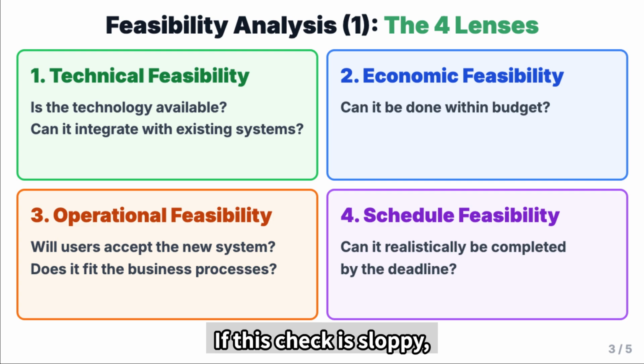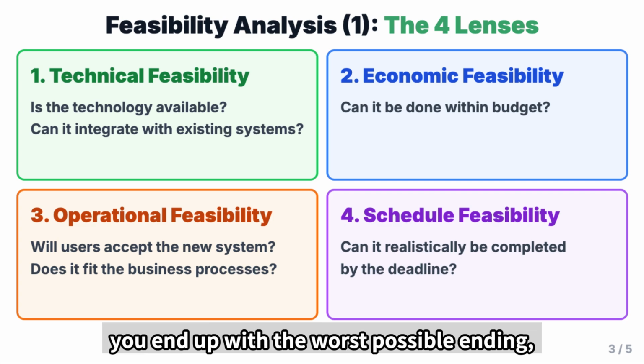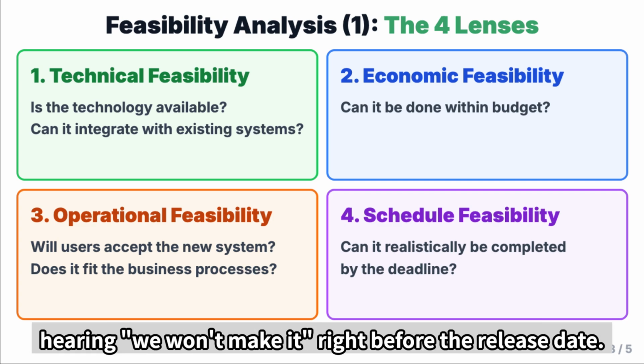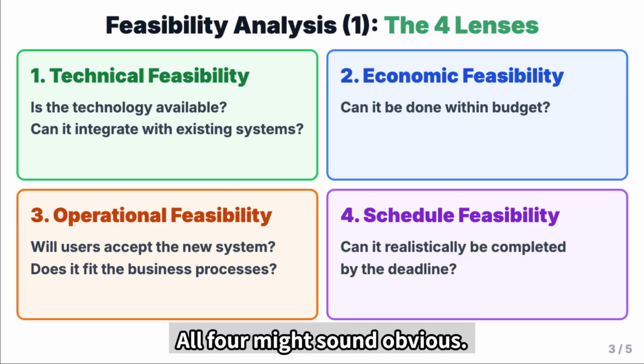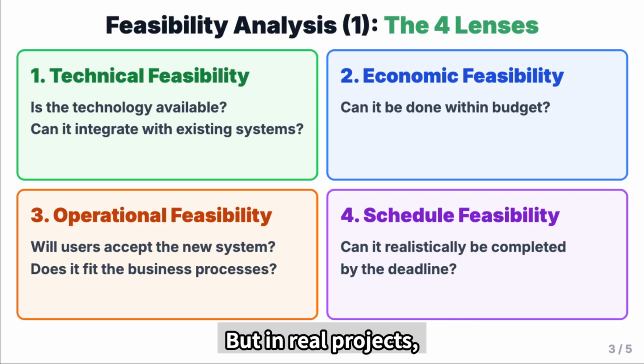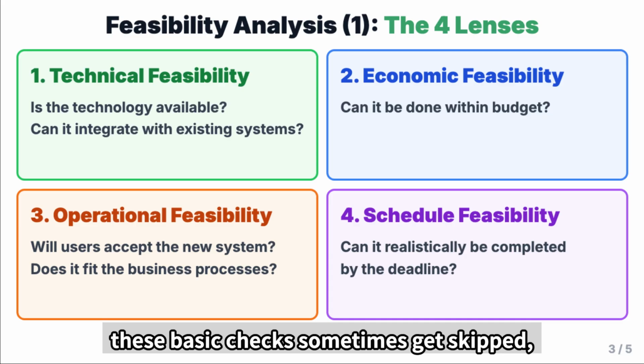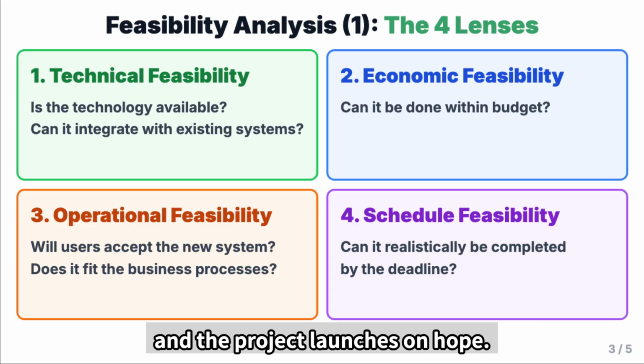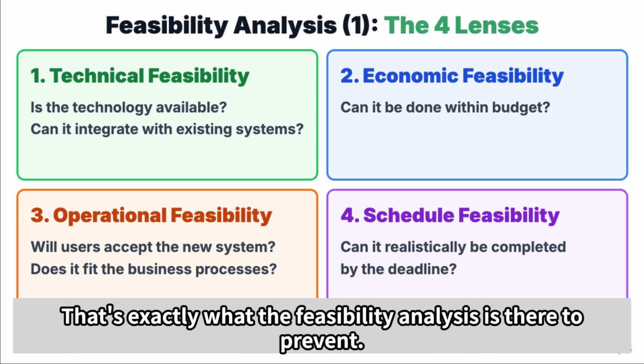If this check is sloppy, you end up with the worst possible ending. Hearing, we won't make it, right before the release date. All 4 might sound obvious. But in real projects, these basic checks sometimes get skipped, and the project launches on hope. That's exactly what the feasibility analysis is there to prevent.